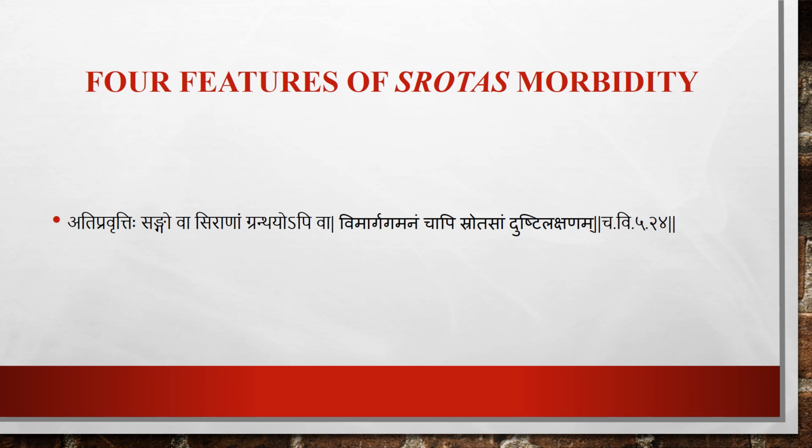For example, according to Jwar Samprapti, Udakvaha and Svedavaha Srotas are obstructed and vitiated doshas cause Srotodushti. Agni gets out of its original place and resides in Tvak, causing Jwar.